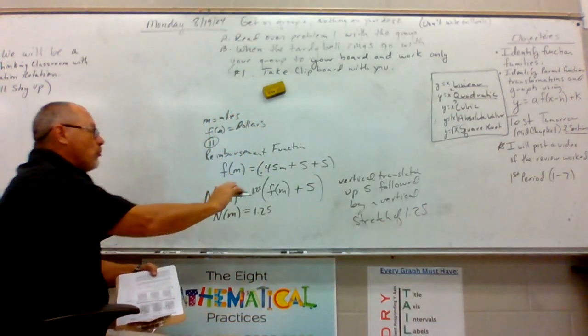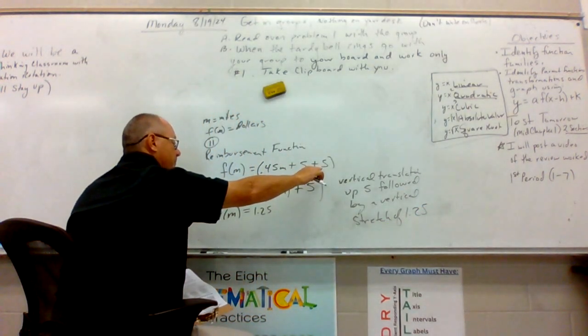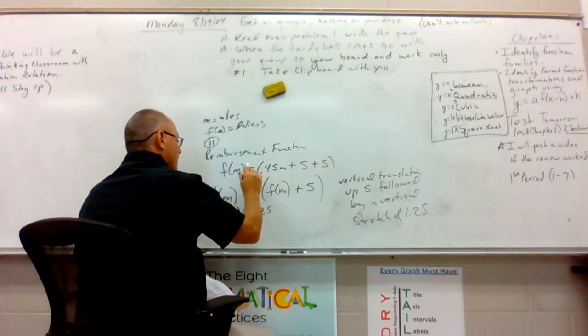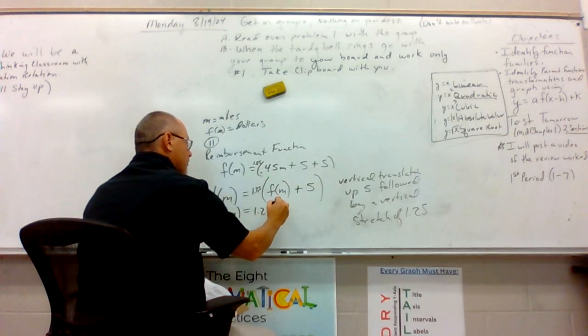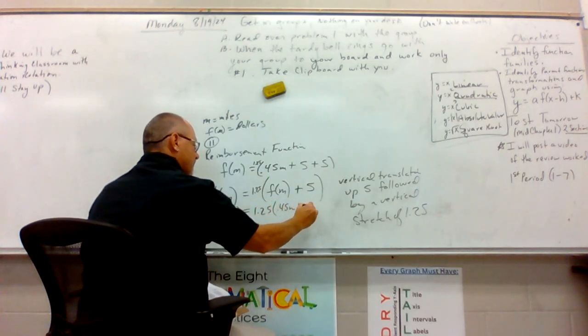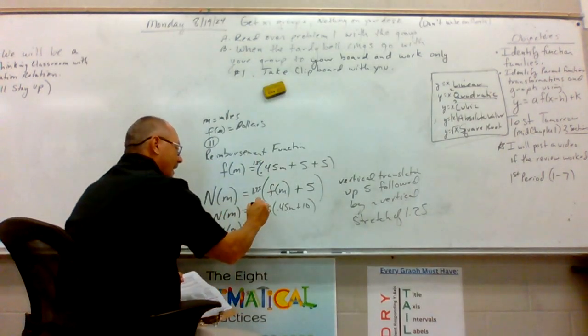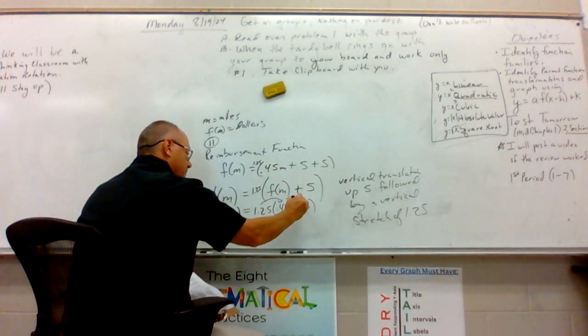It was a vertical translation of 5, followed by a multiplication of 1.25. So this is going to end up being 1.25 times 0.45m plus 10. Now I distribute that, so my n of m, which I made up, that's my new one. I'm going to distribute this in.